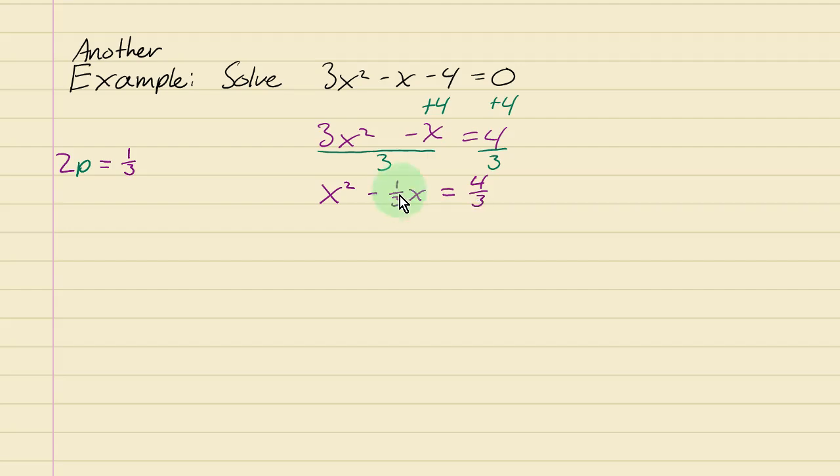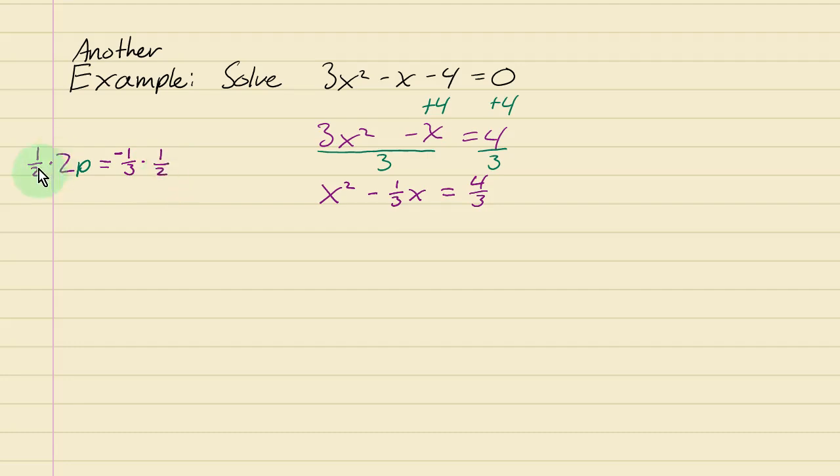And to complete the square now, we need to figure out what the p is and what the p squared is. So that negative 1/3 there is your 2p. If you divide that by 2, this gets a little bit ugly. So instead of dividing it by 2, I'm going to think of this as multiplying by 1/2, which is the same thing as dividing by 2.